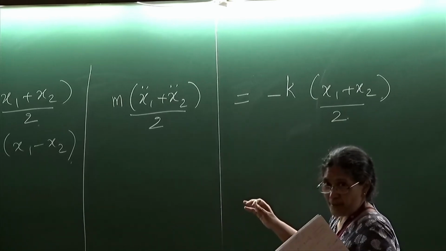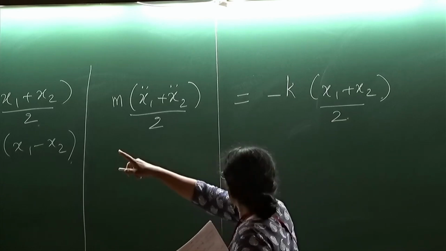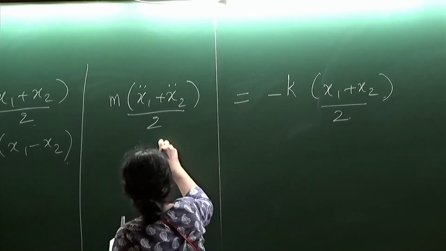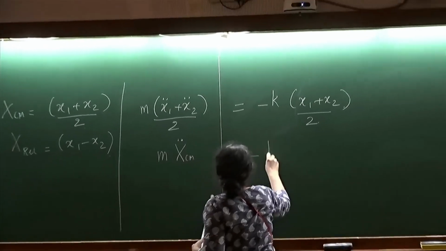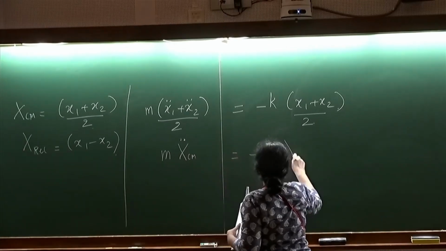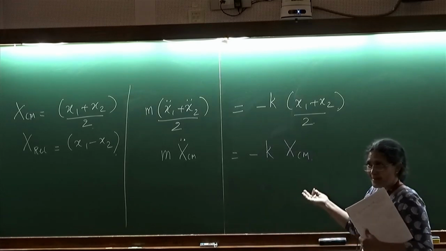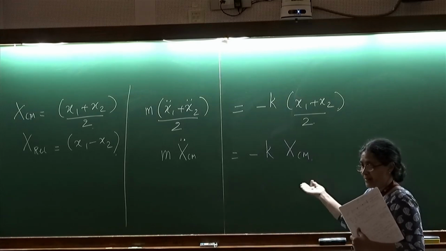So if you think in terms of this center of mass variable, it looks like an independent oscillator.